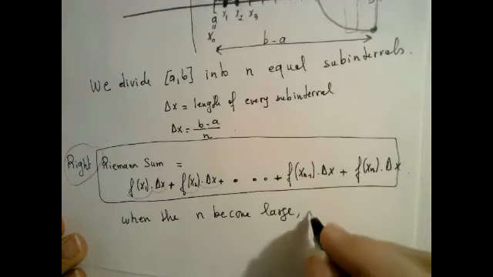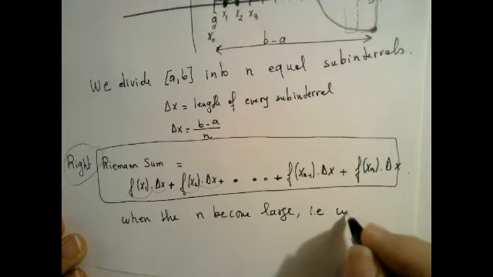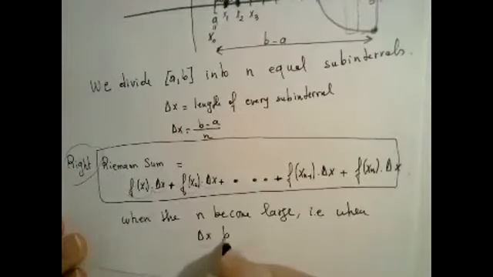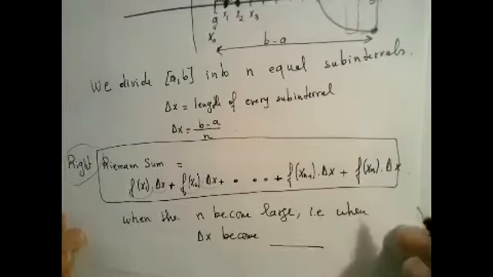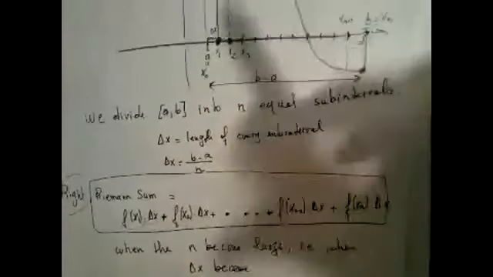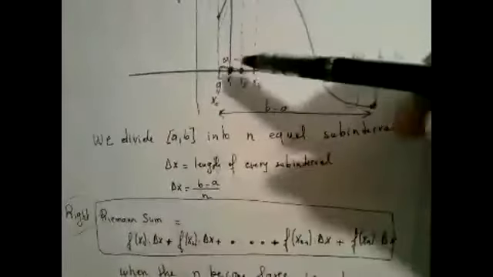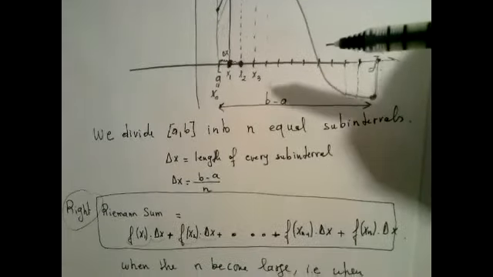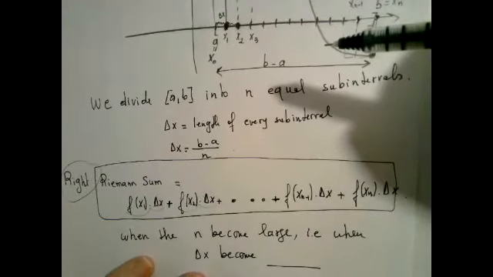It means when delta x becomes what? Finish my sentence. When we take a lot of subdivisions, like 100 of them, delta x becomes what? Anybody?